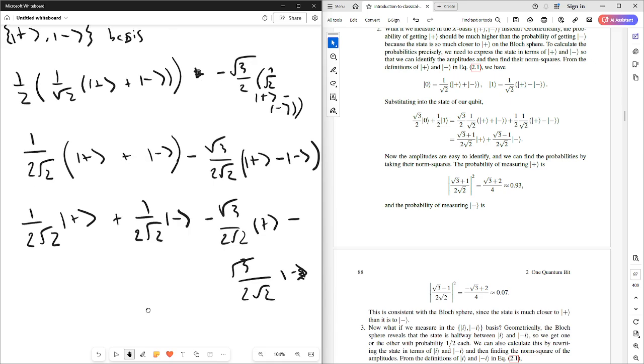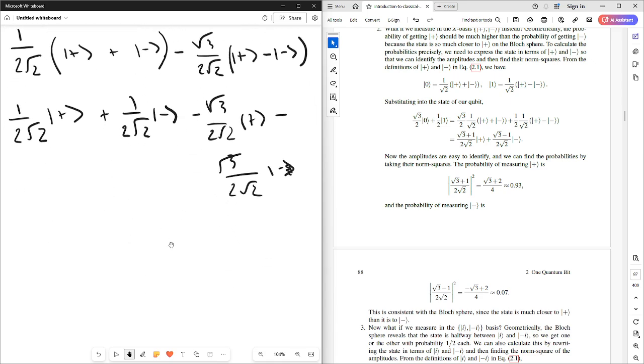So grouping our like terms, our plus states and our minus states, we wind up with (1 minus square root of 3) over 2 square roots of 2 for plus, and for the minus state, we wind up with (1 plus square root of 3) over 2 square roots of 2.